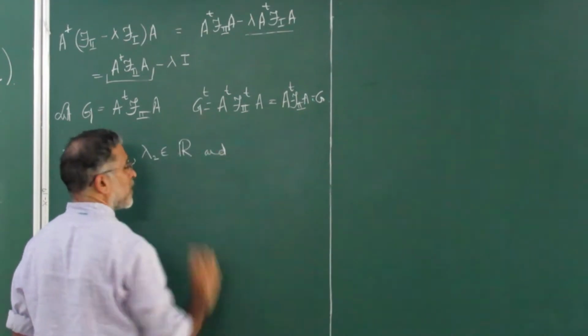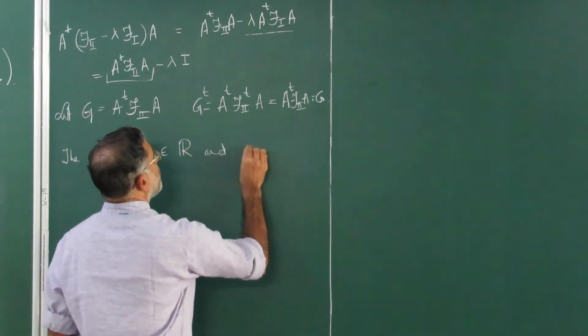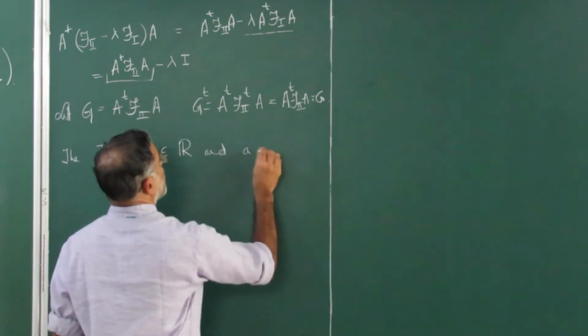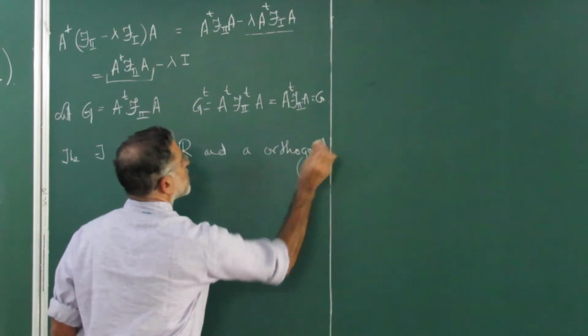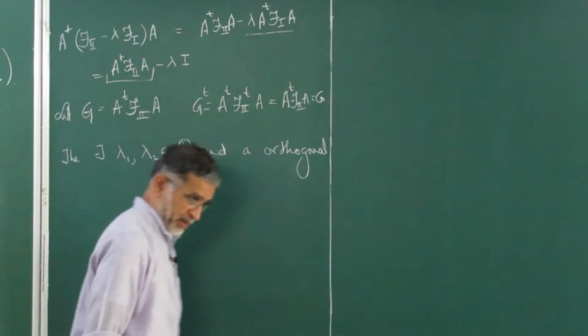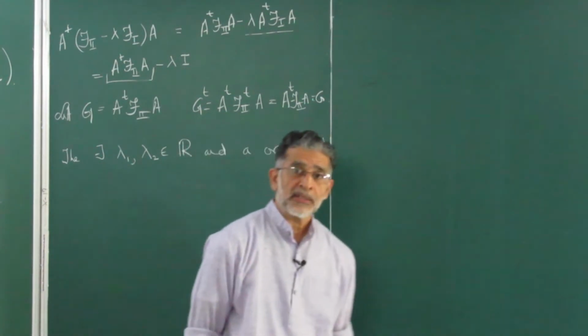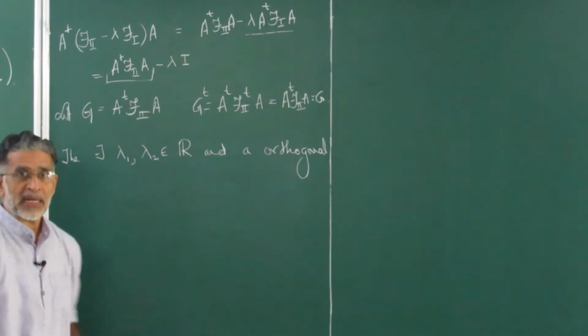and an orthogonal matrix. This is important because if G is a symmetric real matrix, then it is orthogonally similar to a diagonal matrix.